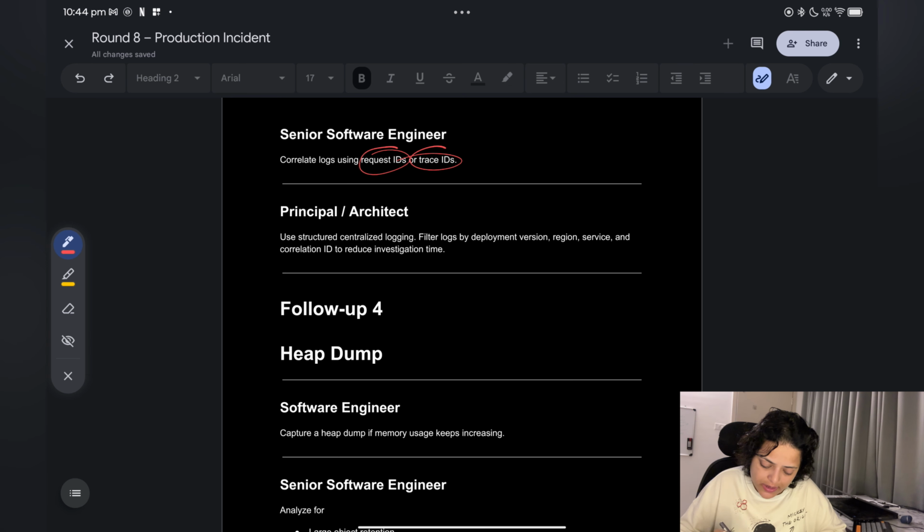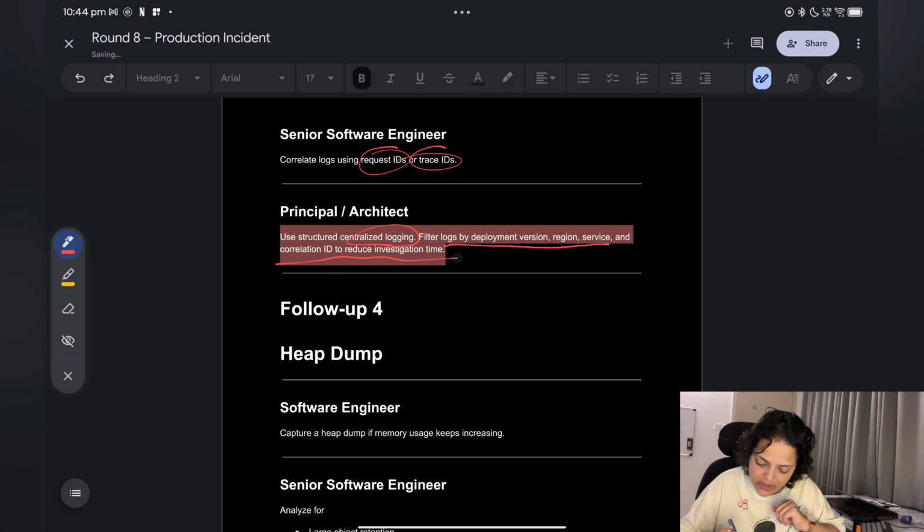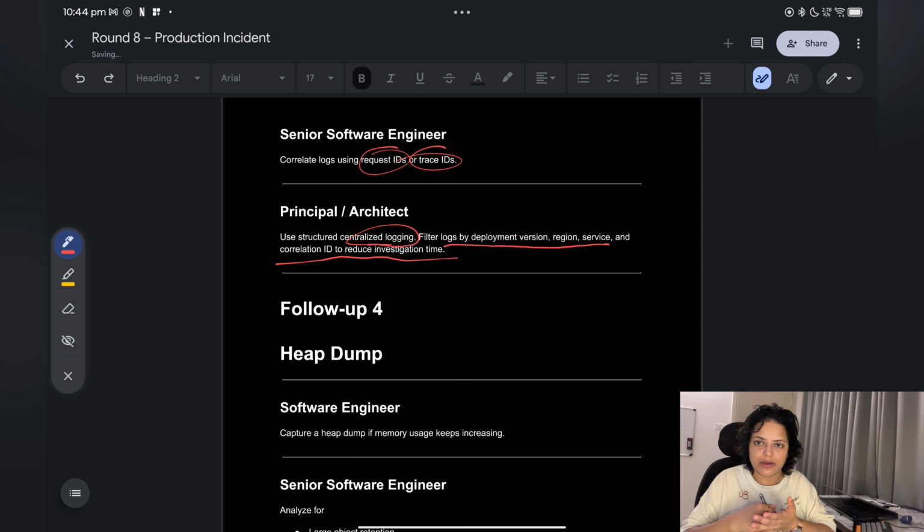Now a principal architect will use structured centralized logging. He will filter logs by deployment version, region, service, and correlation ID to reduce investigation time. Again he will check the same thing, but in centralized logging, a dashboard where he gets all the data, like Splunk or something.